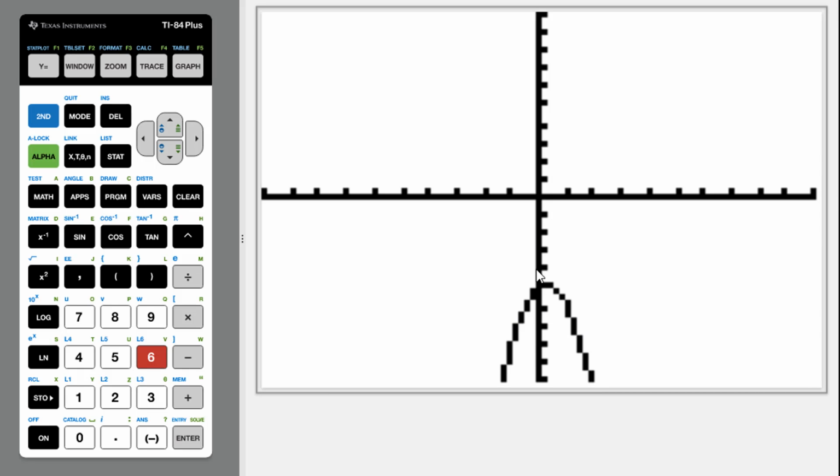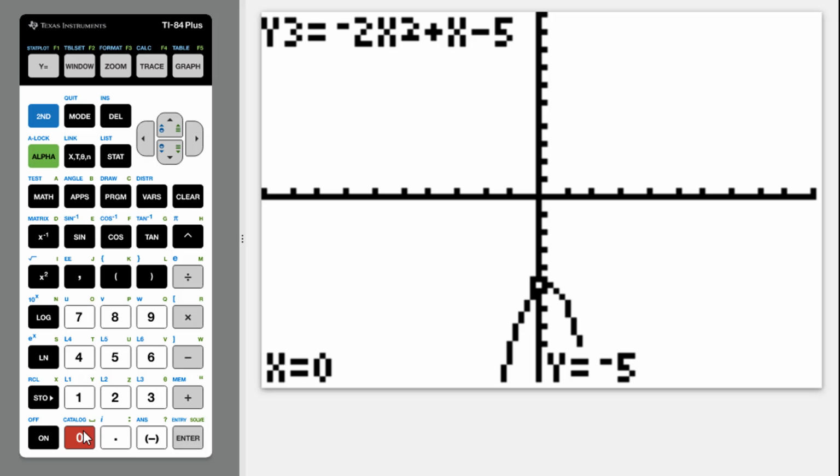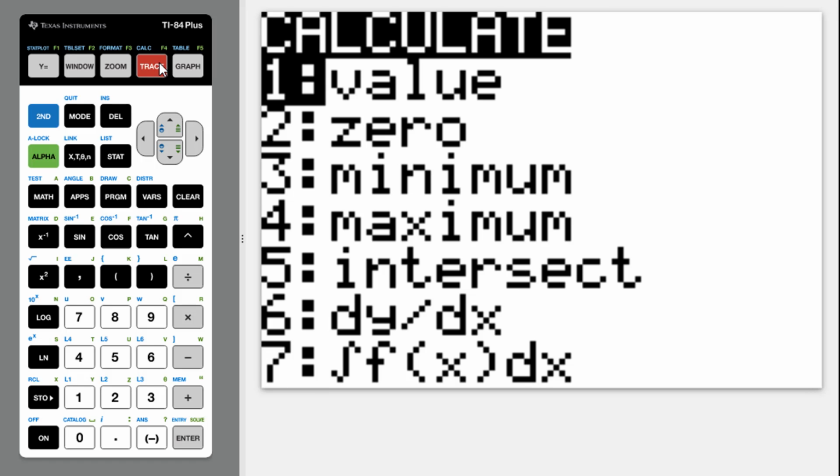For this standard window, you could say no x-intercept, which means b squared minus 4ac less than 0. For this window, you don't have to change anything because it's easy for you to get the maximum point. And you can press trace, press 0 to get the y-intercept. This is -5.